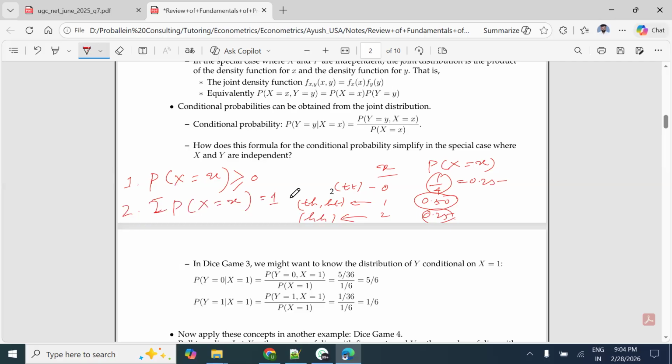It means if you take all the probabilities of the specific values of X, they will add up to 1. In this case, you add 0.25, 0.50, and 0.25, it is 1. Then the first property is also satisfied, that it is greater than 0, a positive number. This is how you will remember, then you will never forget.